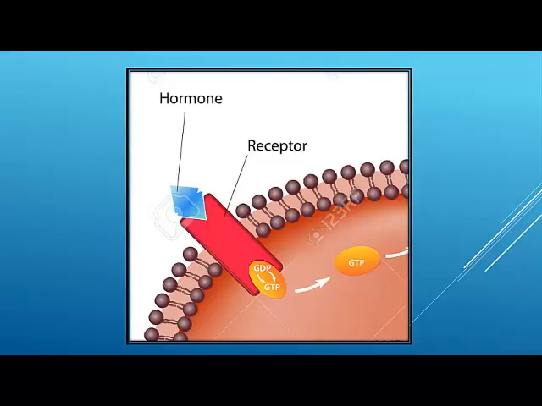Every cell has many receptors, not only for hormones, but for various other chemical receptors. But a hormone receptor will be a receptor where that hormone configuration, that peptide, will fit perfectly.